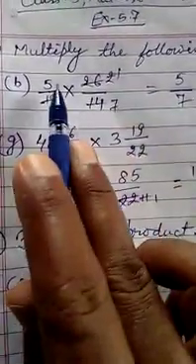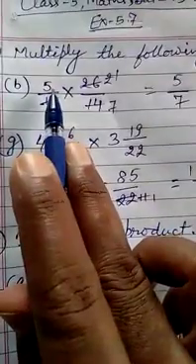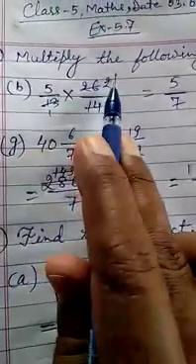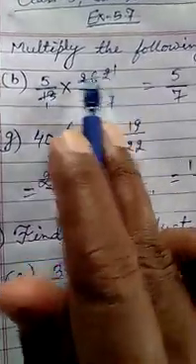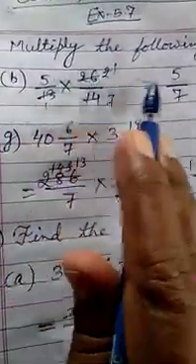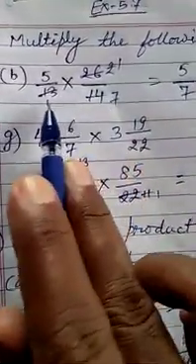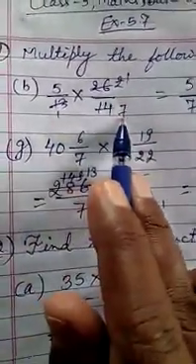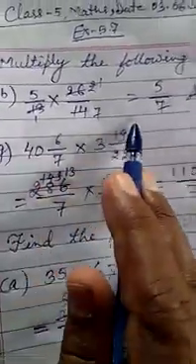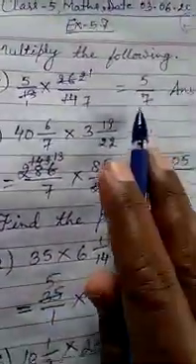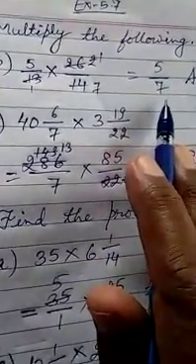Now in the numerator, 5 is remaining and 1 is remaining. Multiply the numerator parts: 5 into 1 is 5. Now multiply the denominator parts: 1 and 7 remaining, so 1 into 7 is 7. So finally the answer you will write is 5 by 7.